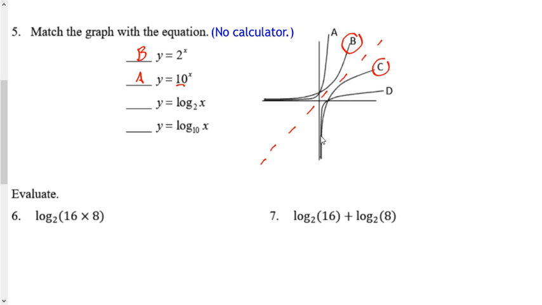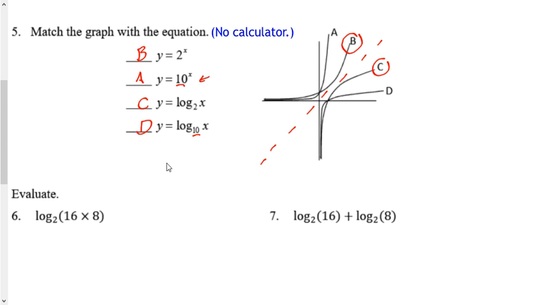Graph C here increases more quickly, but you can see they're mirror images, they're reflections in that dotted line. So B and C will have the same base. Since graph B had a base of 2, graph C will also have a base of 2, which leaves us with graph D, which will have the base of 10, corresponding to this exponential equation where the base was 10.